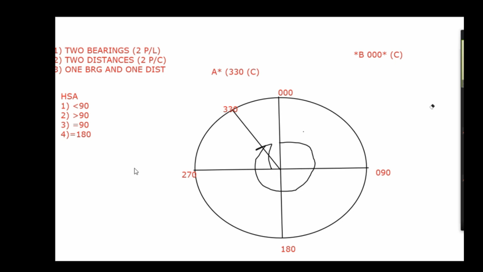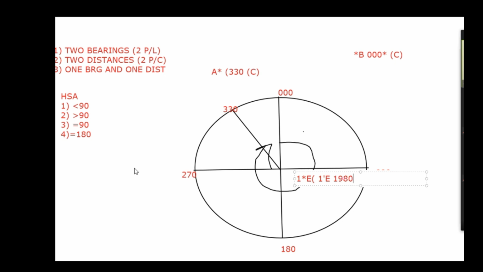Variation you can get from the chart. On the chart, on the compass rose, it will be written, maybe 1 degree east, 2 degree west, anything. And sometimes within brackets it gives 1 minute east.